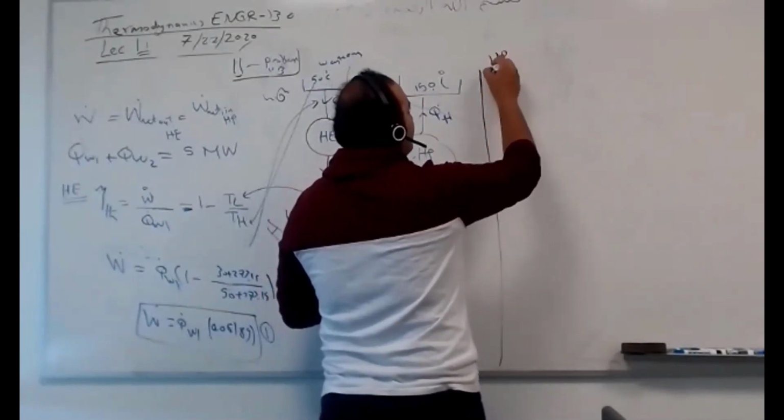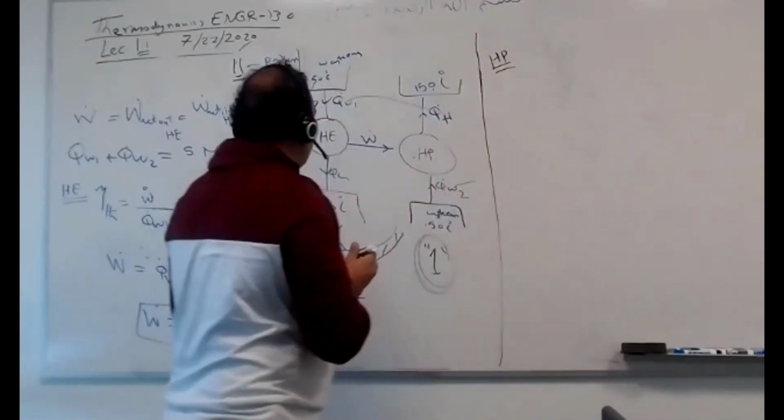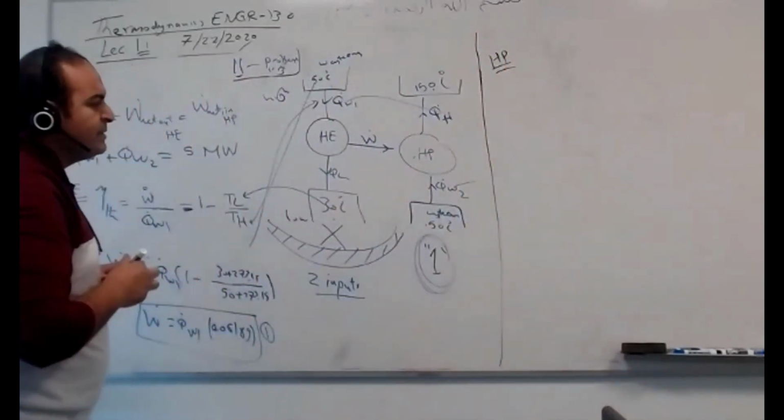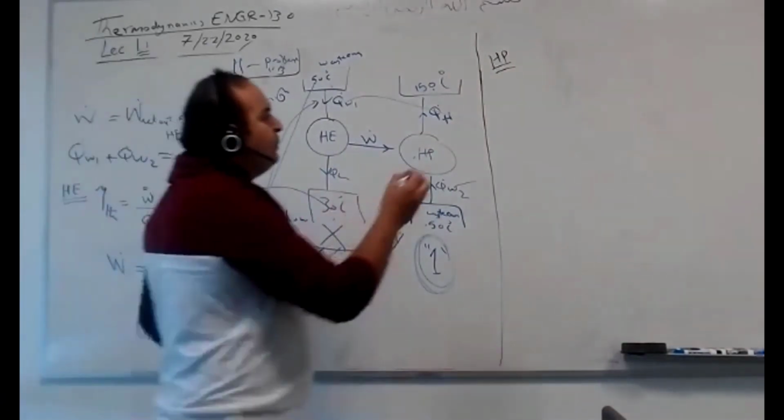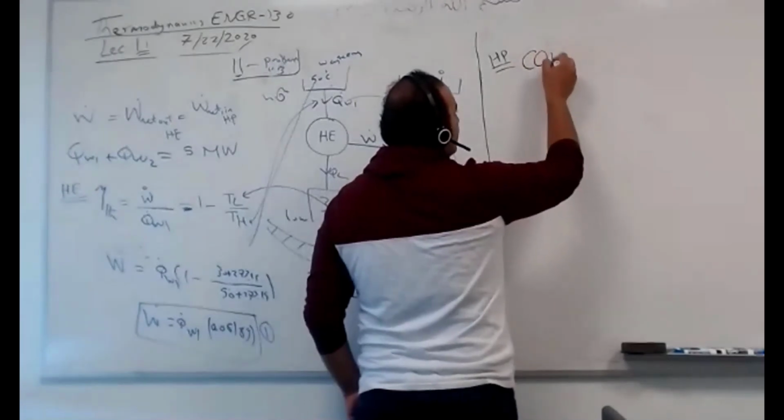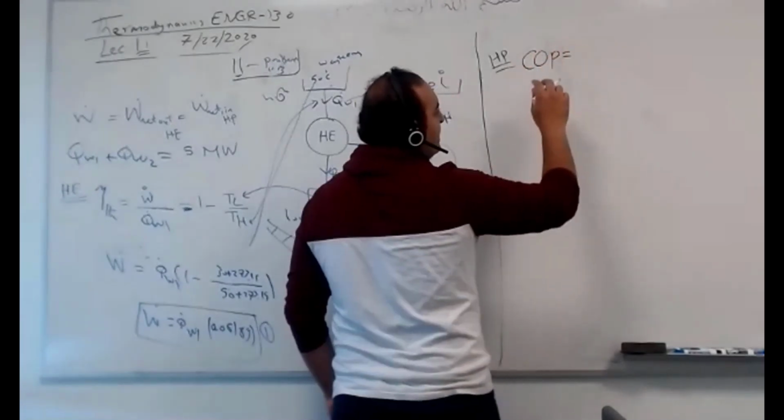So the heat pump, HP. It's exactly opposite to this. It doesn't have thermal efficiency. It has something else called COP. So COP is equal to, let's do something here, then go back.